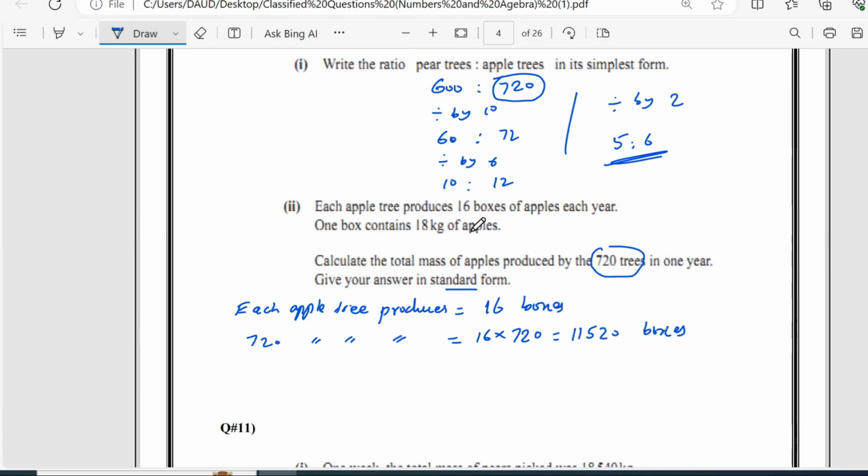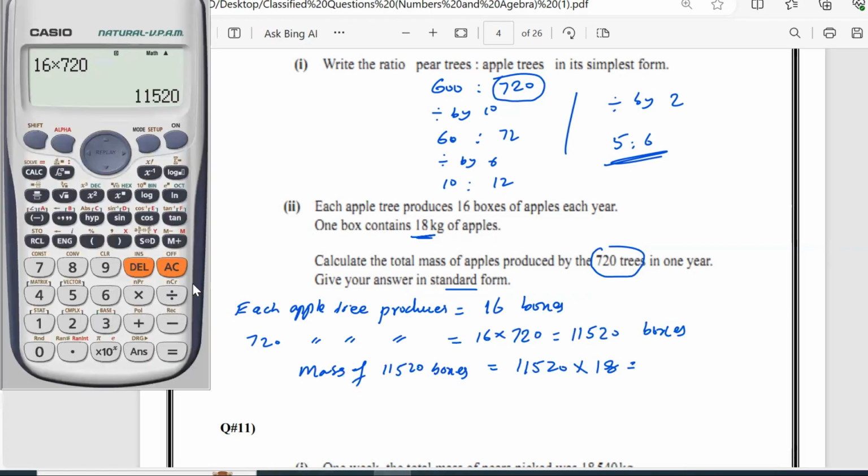And remember that the boxes have weight also. They said one box contains 18 kg. So 11,520 boxes contain how much weight? The mass of 11,520 boxes equals 11,520 multiplied by 18.